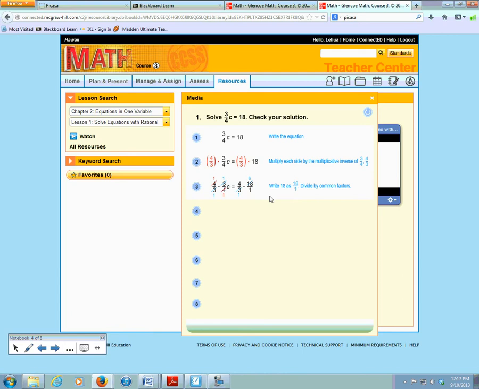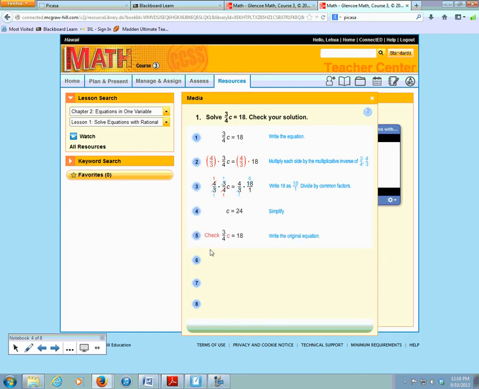Then on this side, if we cross cancel, we end up with, it says 4 times 6 equals 18, but that's actually wrong because 4 times 6 is actually, what, 24. So this is supposed to be 24. Let's see here, moving on. So c equals 24. Oh, I see. Okay. No, sorry. They wrote 18 as a fraction. My bad. Sorry. Okay, so c equals 24.